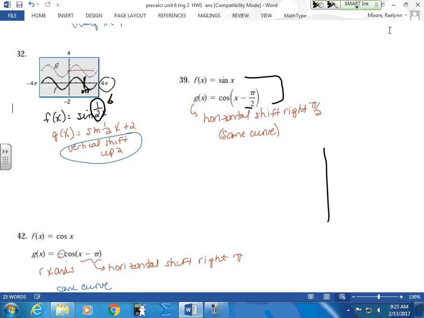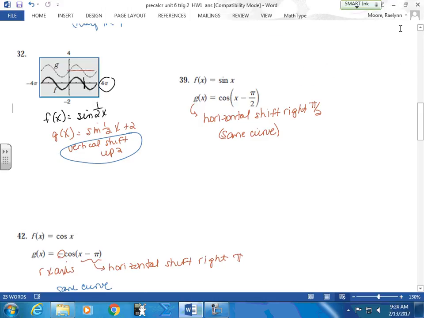If I put my sine curve here, and I shifted this to the right 90 degrees, I moved everything here, then this would have gone somewhere over here. It should come out to be your cosine curve. They should come out to be the same curve. And I'm not concerned if you don't get a phase shift right now, because we didn't do phase shifts. So don't worry about the phase shifts.